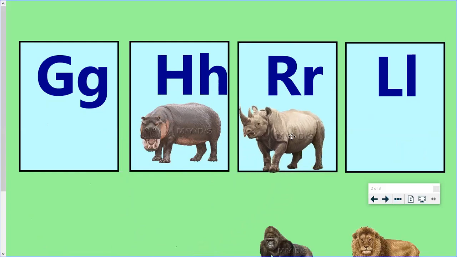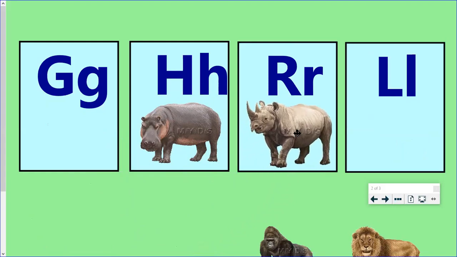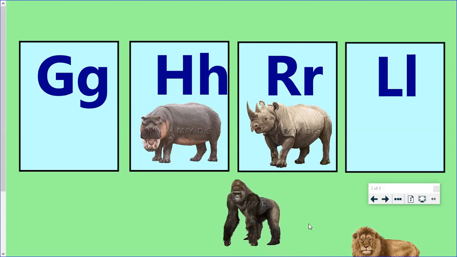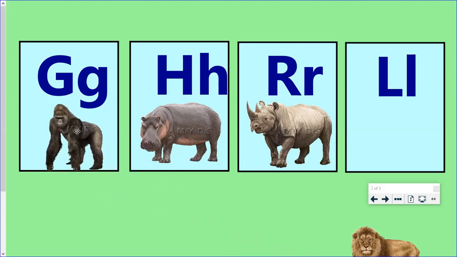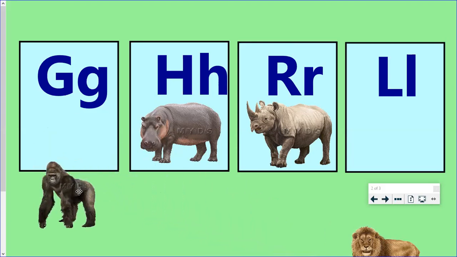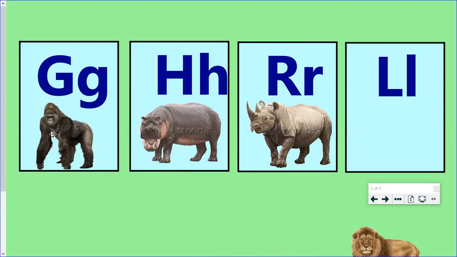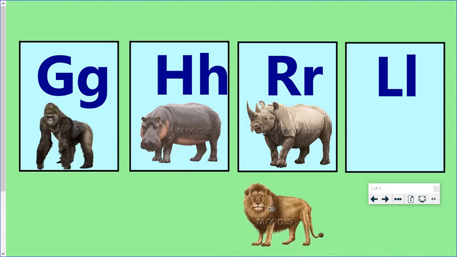It would go under the letter R because of the sound. Now we have a gorilla. Gorilla. We hear the letter G. Get it under there. And then finally we have a lion. And we hear at the beginning the L sound, which is the letter L.